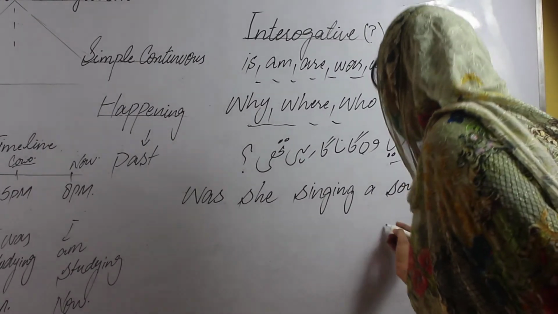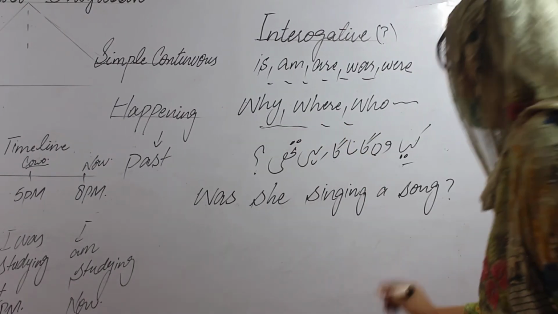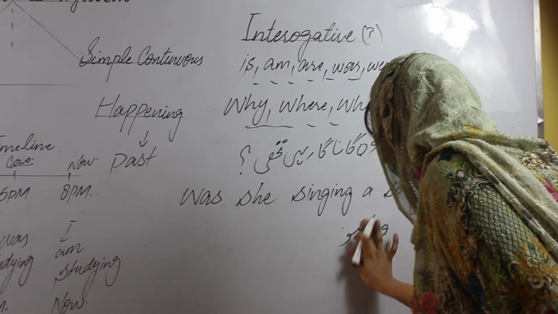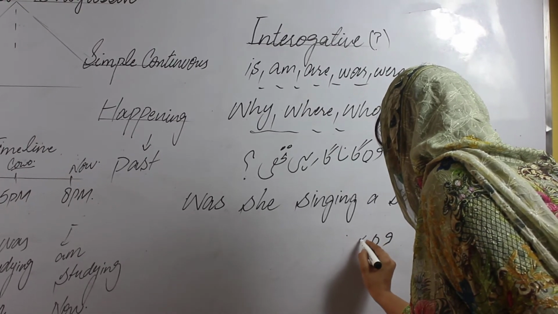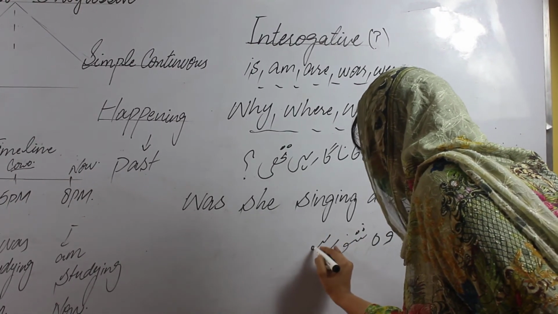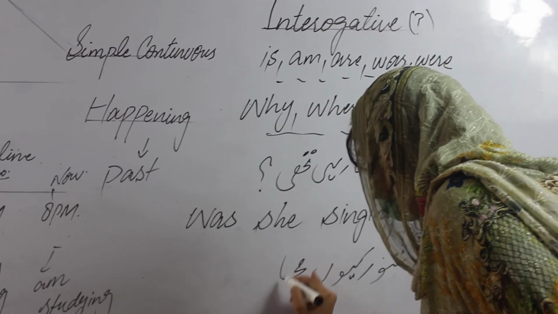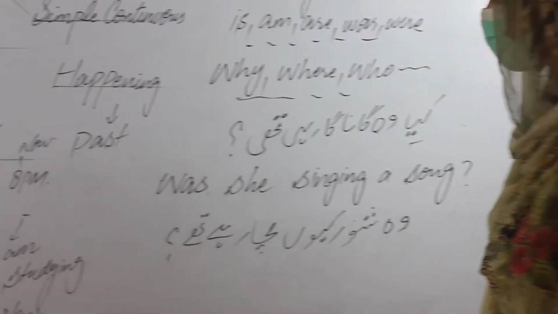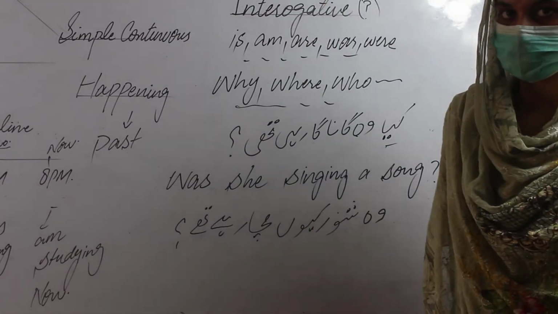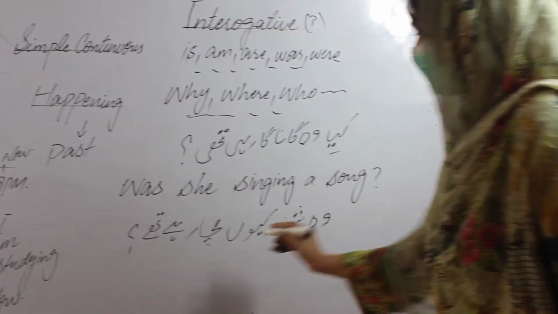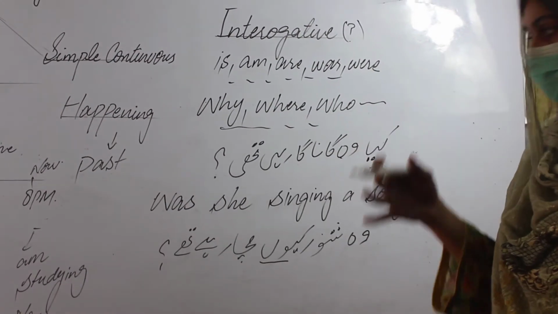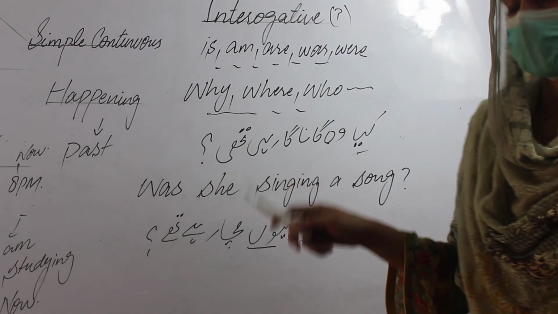And the example we have just by using the WH family, वो शोर क्यों मचा रहे थे. Now this statement is about so many boys, not only a single person. To highlight the क्यों, क्या, कैसे, WH family words, put them very first before the helping verbs.